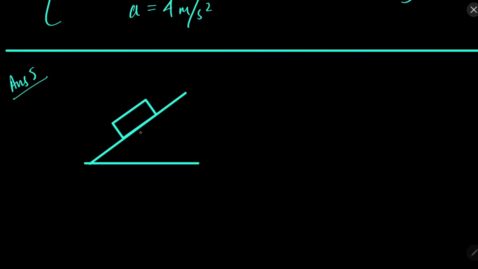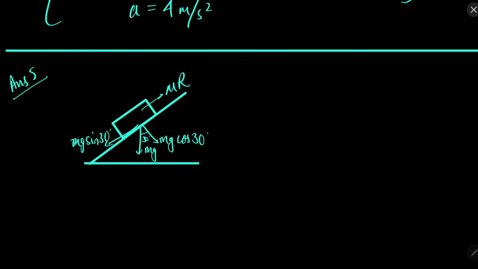So we have the situation in which this will be mg, this will be mg cos 30 degree, this will be mg sin 30 degree.